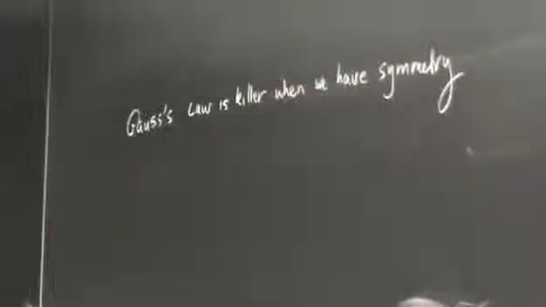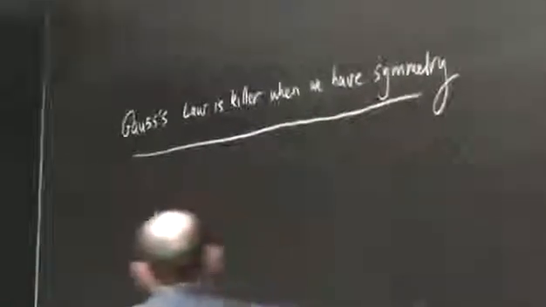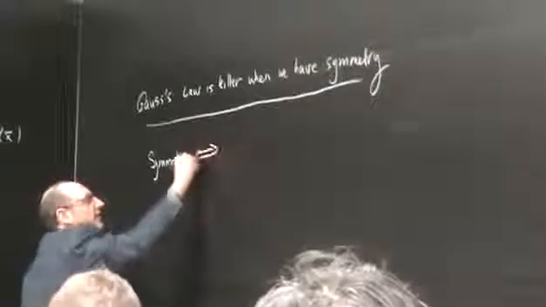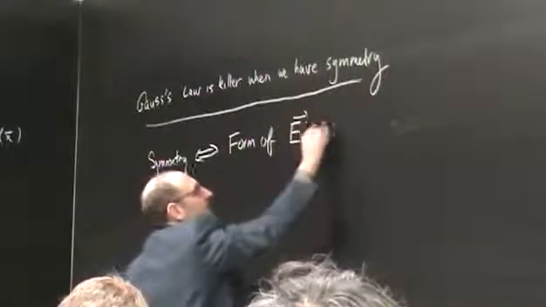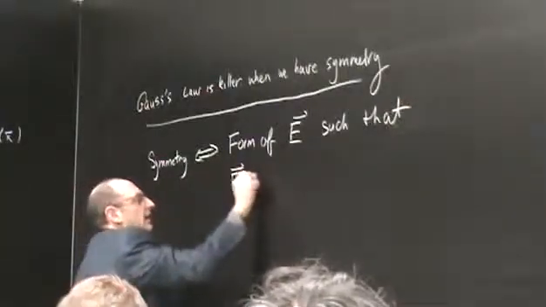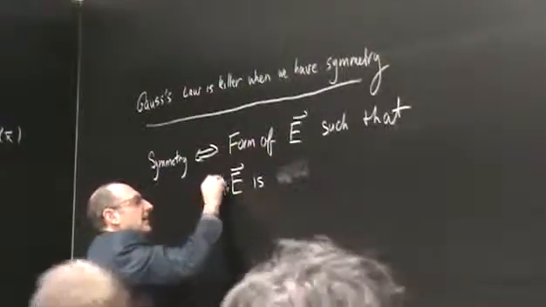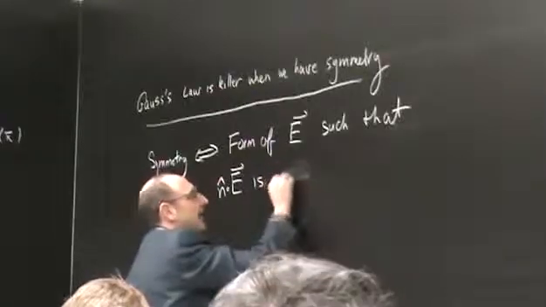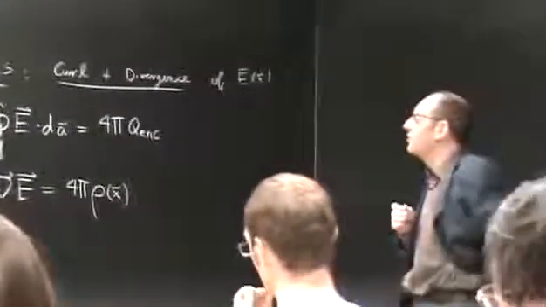And what we mean by that is that if the symmetry tells us the form of E such that E is constant, or I should say the E dot normal to the surface is constant, over all space.